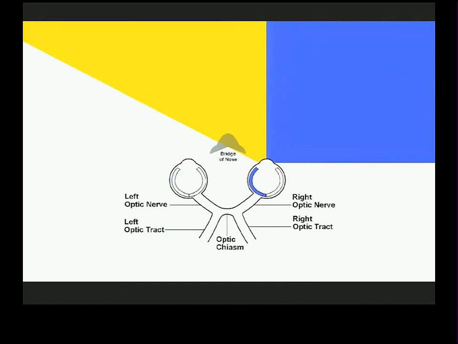And this is the point I thought I was going to make right there. Because the lens inverts the image, the temporal field of vision is projected onto the nasal hemiretina of an eye, and the nasal field of vision is projected onto the temporal hemiretina of an eye. Here is the left or temporal field of the left eye being projected onto the left eye's nasal hemiretina.